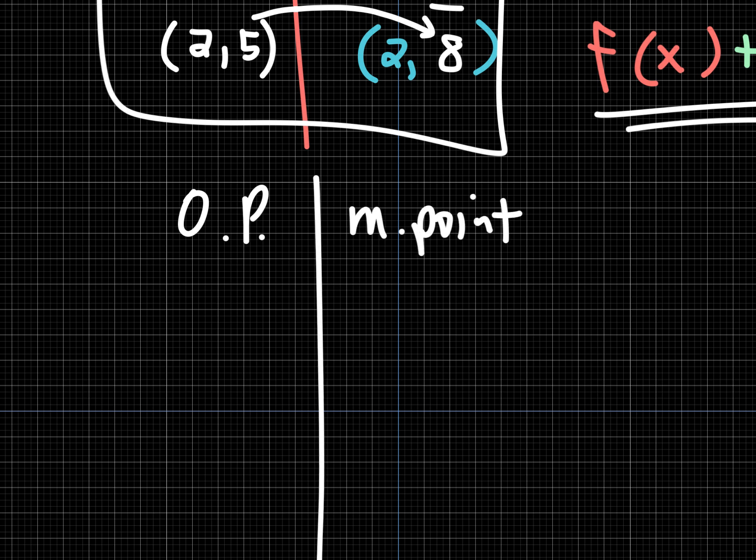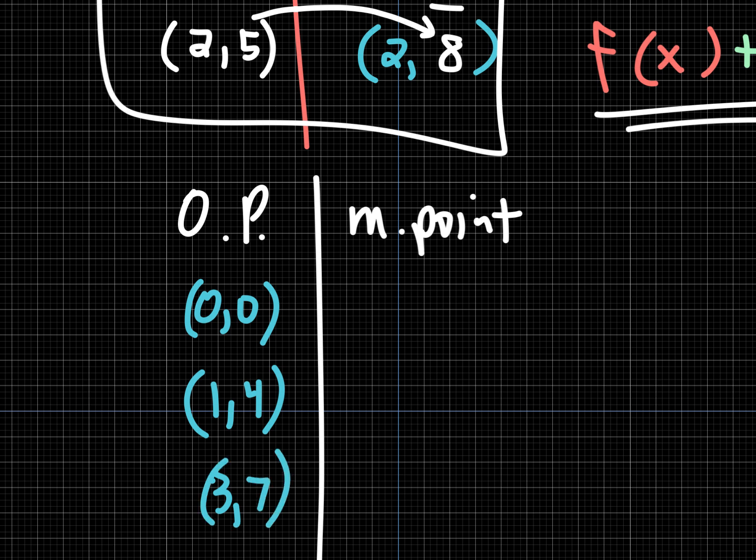And if we start with 0, 0, and 1, comma 4, and 3, comma 7, those original points, you can't tell anything from those original points. You have to look at the mapped points and say, what seems to have changed on all my mapped points?